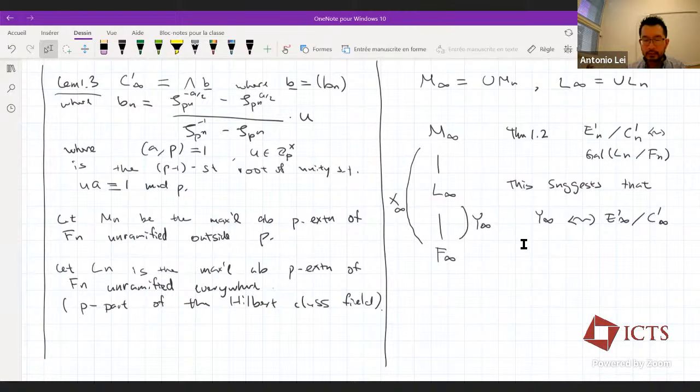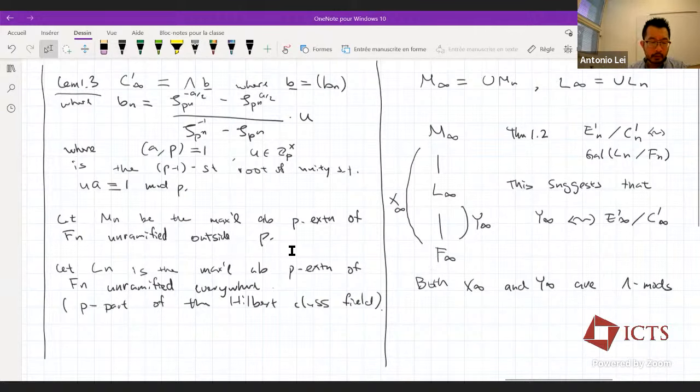In order to study this link more precisely, I told you that these are Lambda modules. In fact, Y_infinity and X_infinity are also Lambda modules. It is just because, remember, Lambda is given by the Iwasawa algebra of G, where G is the Galois group of F_infinity over Q. So gamma would act on this group by conjugation, essentially.